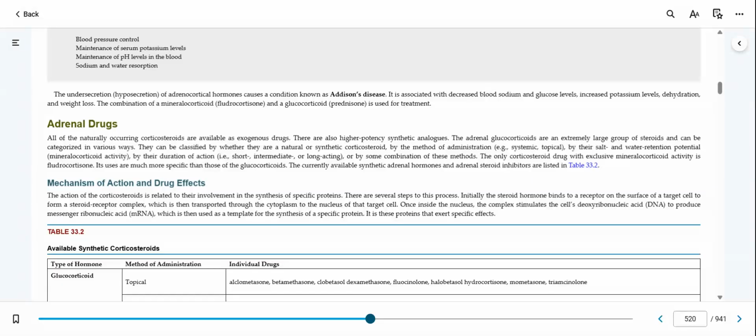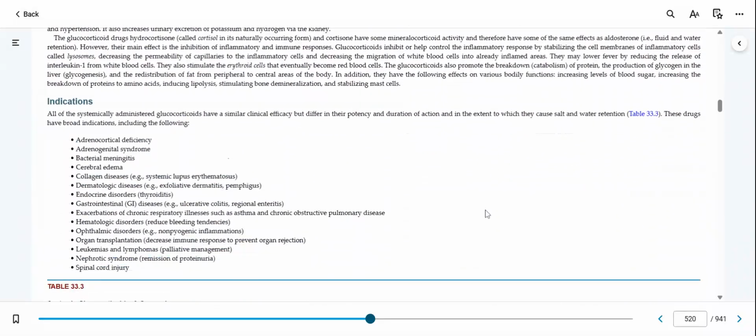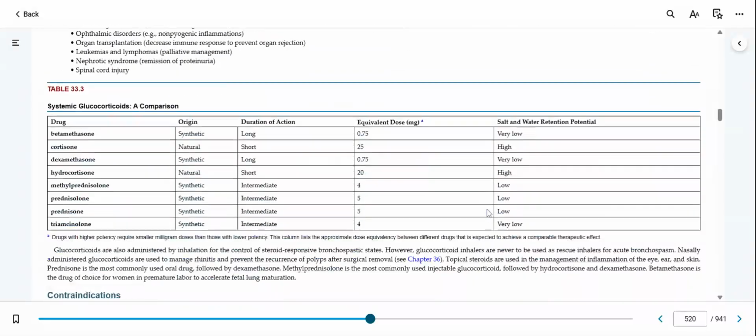They increase the breakdown of proteins to amino acids, and they stimulate bone demineralization. These drugs are indicated for a huge, wide variety of things that we all note here. They're all in bullet format. Read through those and have an understanding, or at least where you can recognize those issues.